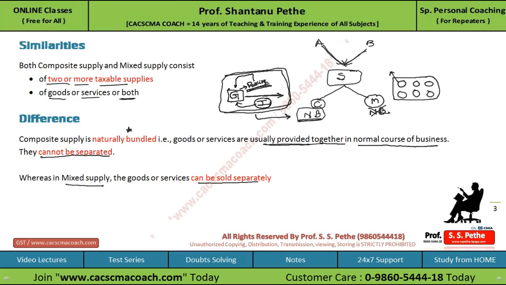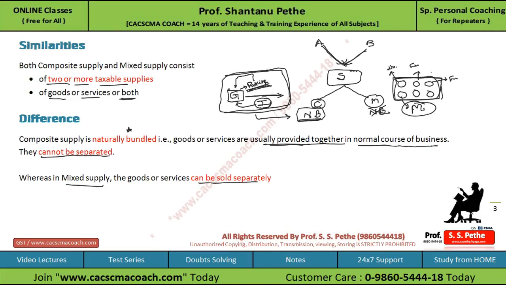For example, dry fruits, then a cold drink, then fruit juice, and also ice cream. So this is a pack. In the case of Diwali, you must have seen such packs where many items are mixed and supplied together. Normally these items can be supplied and sold independently also. This will be treated as mixed supply.